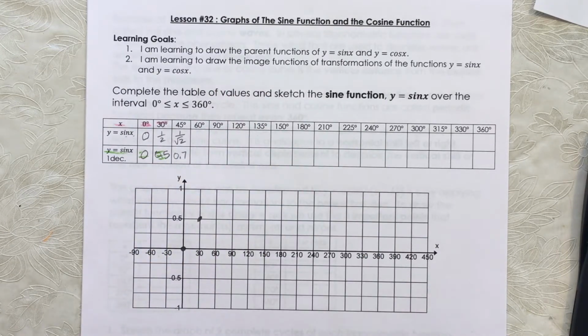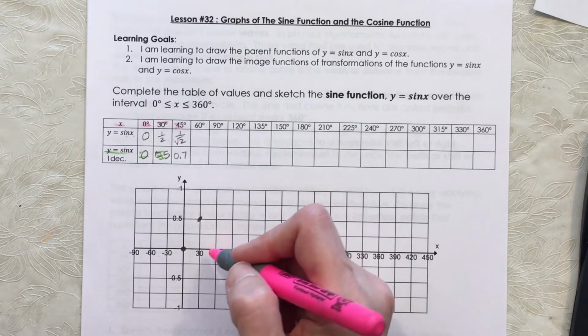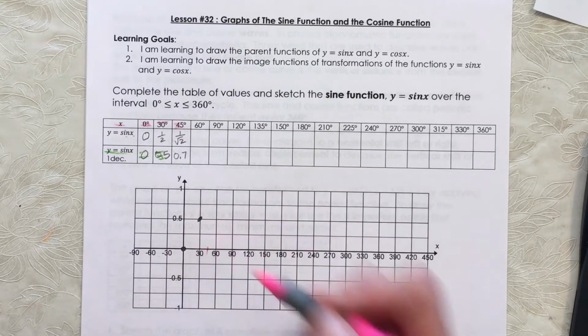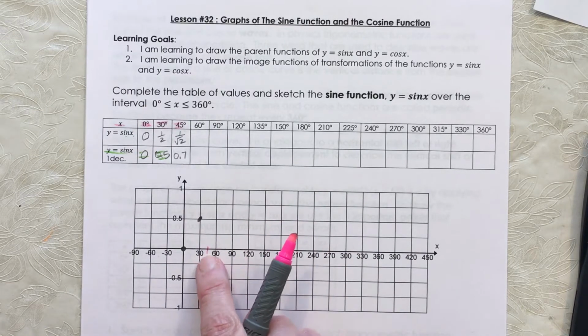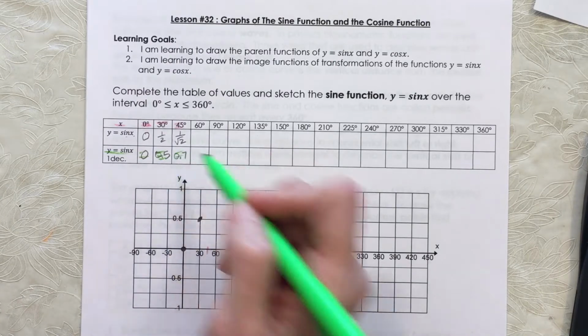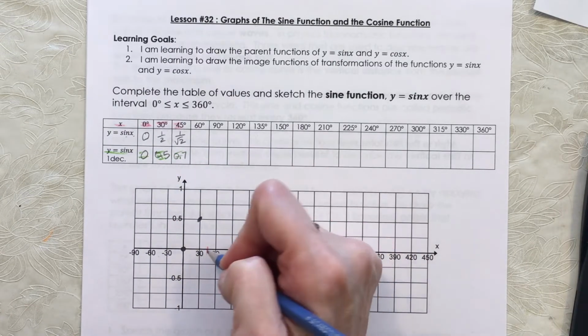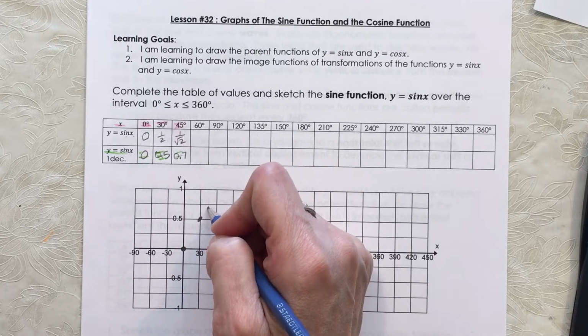So when x is 45, and then look at our x-axis here, each square is worth 30, so 45 is going to be here, halfway between 30 and 60, because 45 is 15 more than 30. Our corresponding y value is 0.7, so 45, here's 0.5, this is 0.75, so 0.7 is about here.